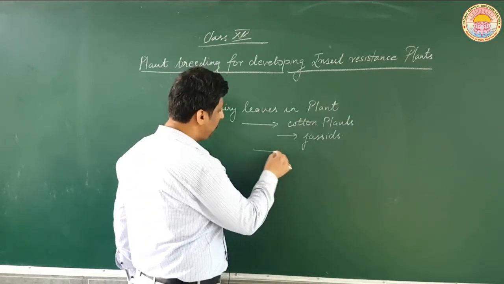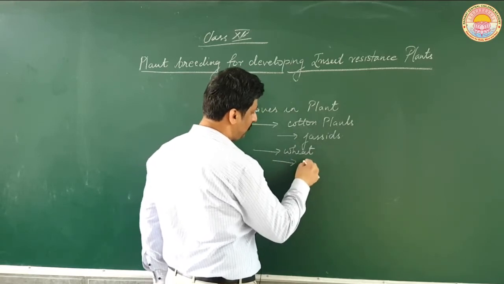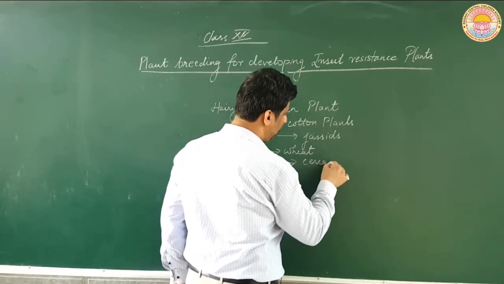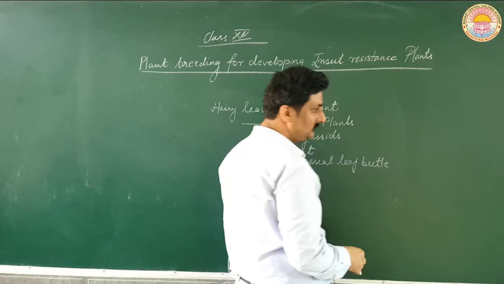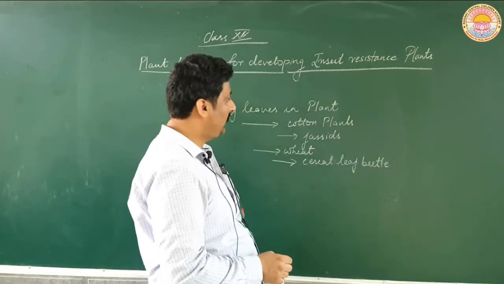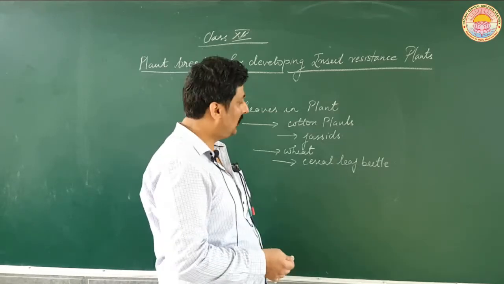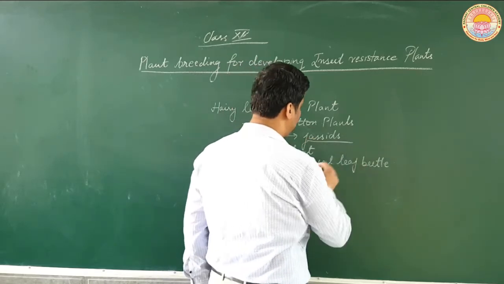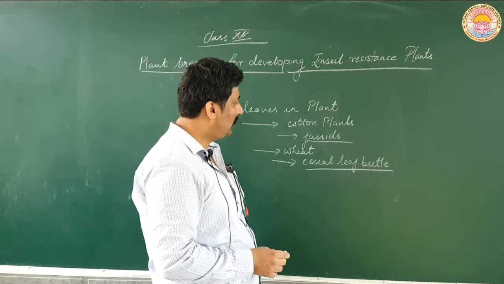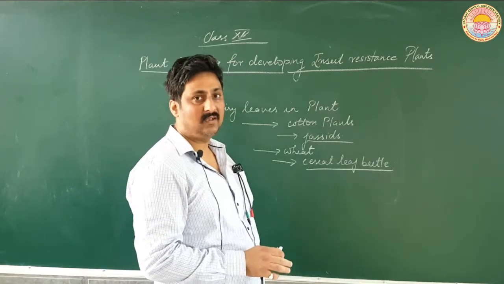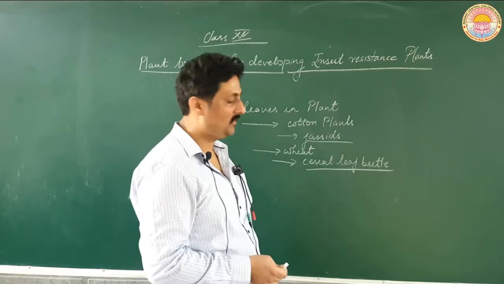And in case of wheat plants, it protects them from cereal leaf beetle. So this is the morphological change in which the plants are protected because of hairy leaves. I have also given you the examples of insects which normally infect these plants, and because of hairy leaves these plants are protected from these insects.